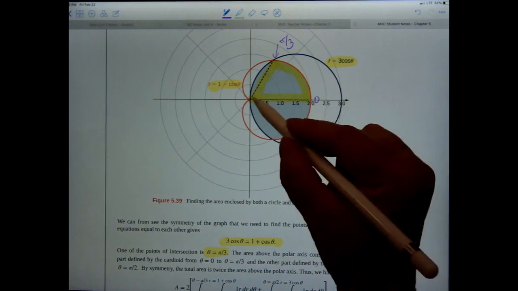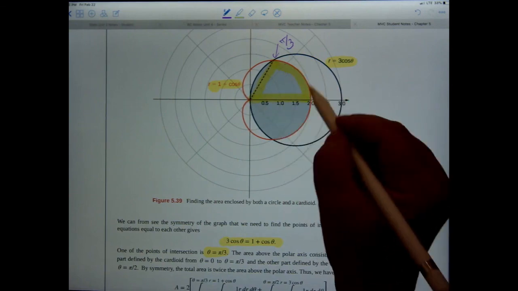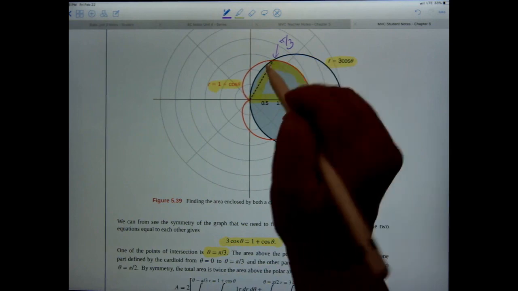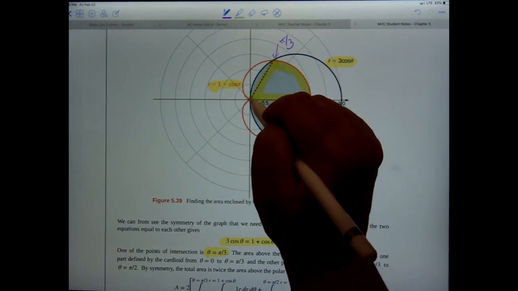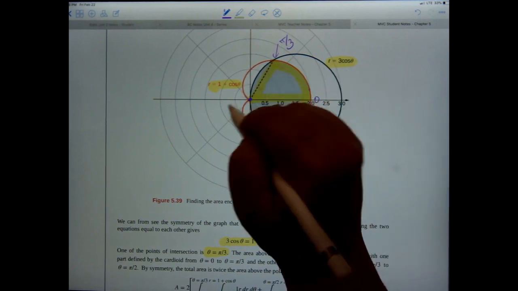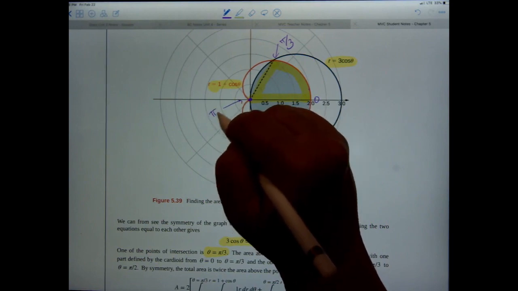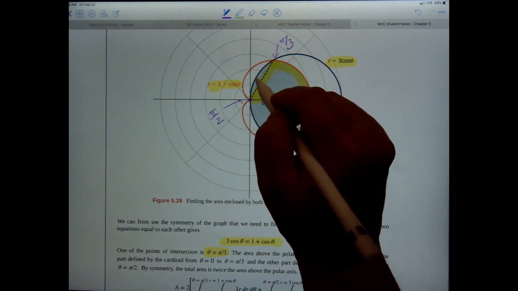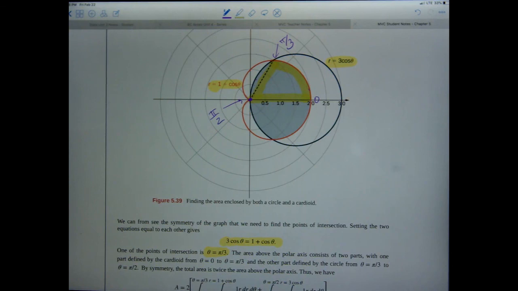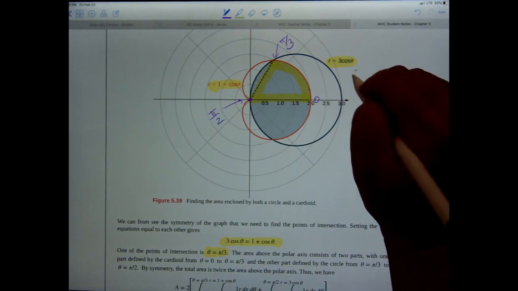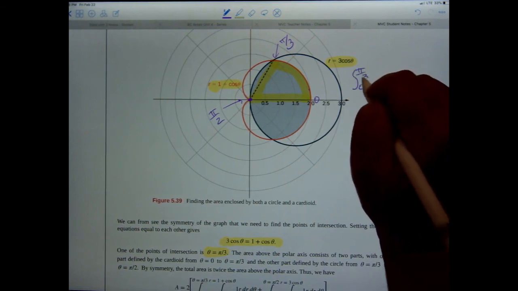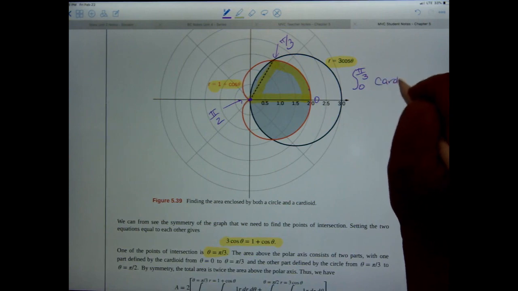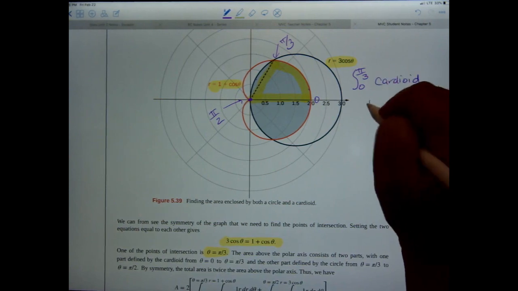And then the rest of the way to pi over 2, which is back down here at the origin, the outer curve is the circle. So it's going to be 0 to pi over 3 of the cardioid plus pi over 3 to pi over 2 of the circle.